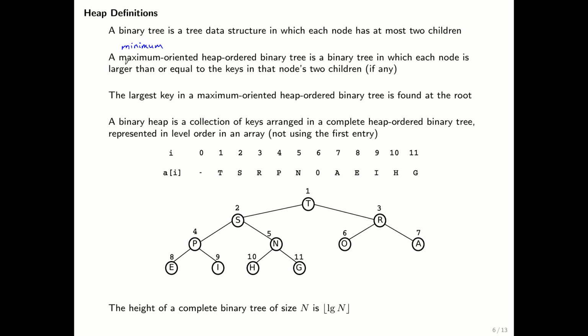Now, going forward, we're going to refer to a maximum or a minimum oriented heap ordered binary tree as simply a heap. Okay, and we will be using a maximum heap to implement the max PQ API, and we'll use a minimum heap to implement the min PQ API. All right, so that's what we're going to do.